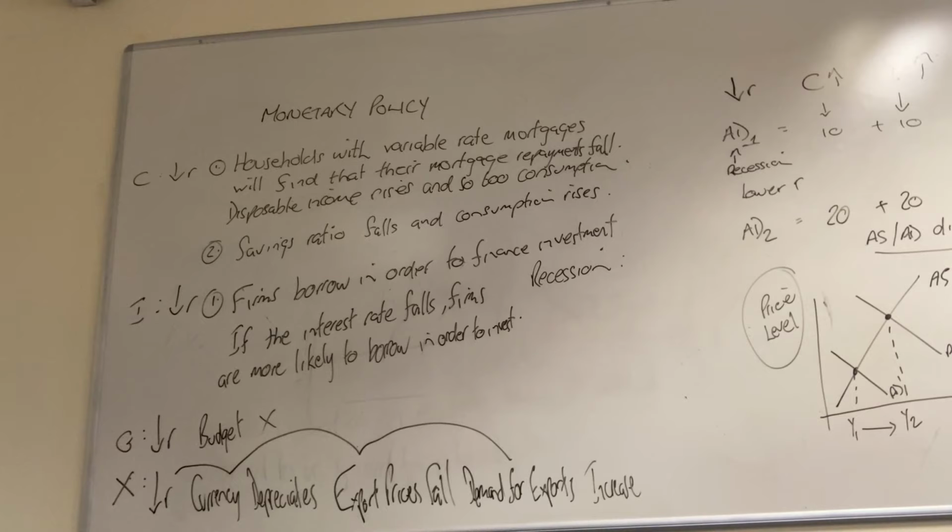So you're going to need more people. So what's going to lower in the economy then? If firms are going to say, hey, you come and work for me, you come and work for me, what's going to fall? Unemployment, exactly. So this is great news for the economy, this expansionary monetary policy, because we're going to see unemployment falling.